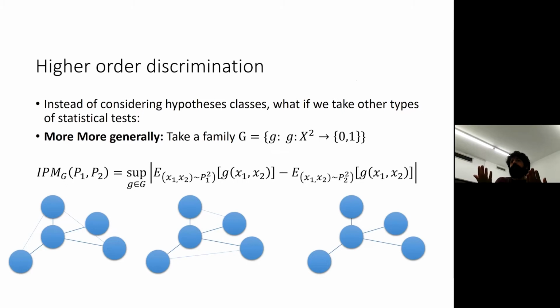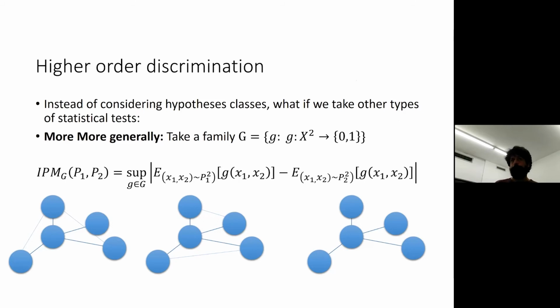And then you can take a family in the sense that you can take several types of metrics. Maybe you believe that there is some metric that distinguishes between the two distributions, in the sense that one has small radius and the other doesn't, but you don't know the exact metric, so you take a family of metrics, like Mahalanobis distance, something like that. So this could be a concrete example of discrimination using some family of graphs.